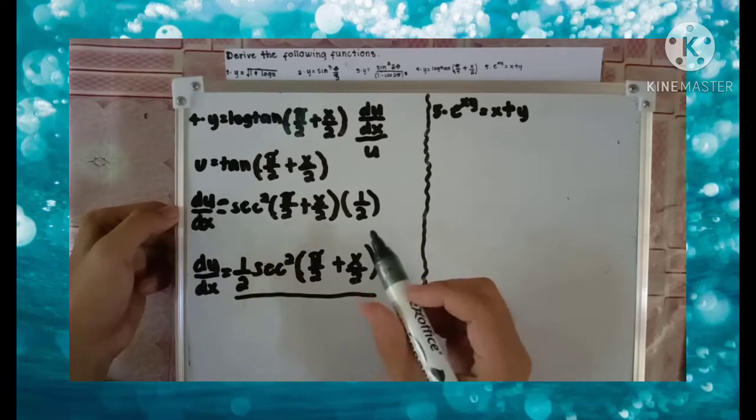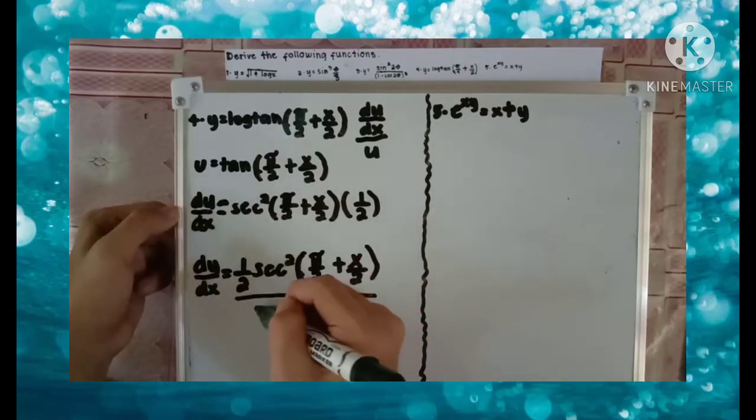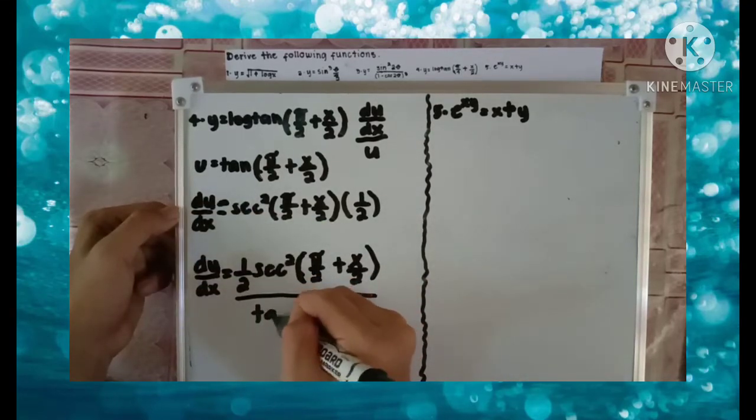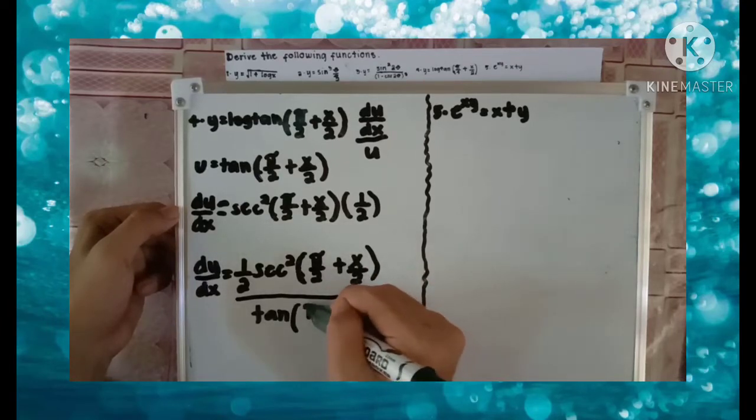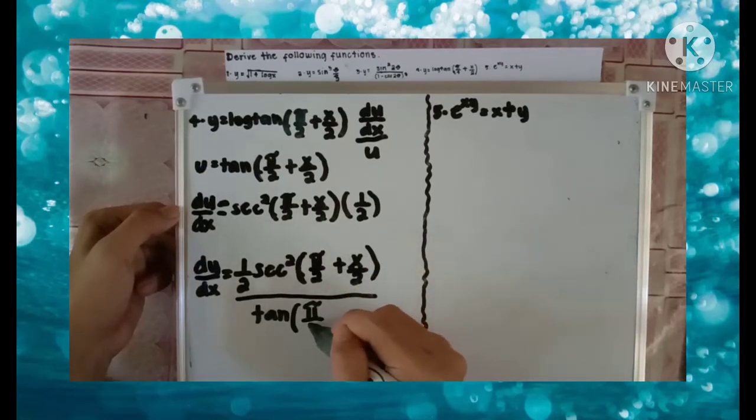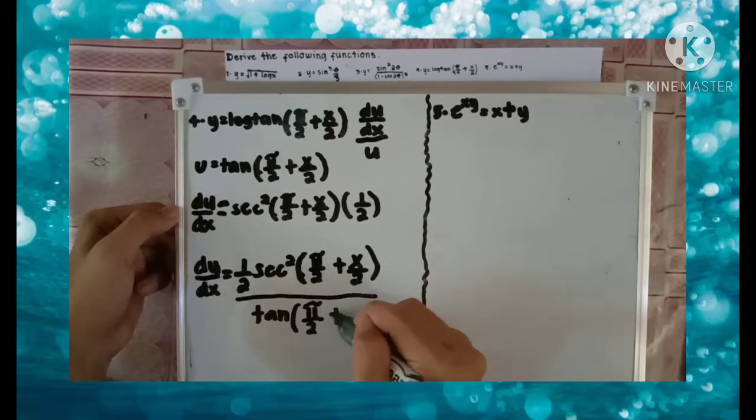All over our u tangent quantity of phi over 2 plus x over 2.